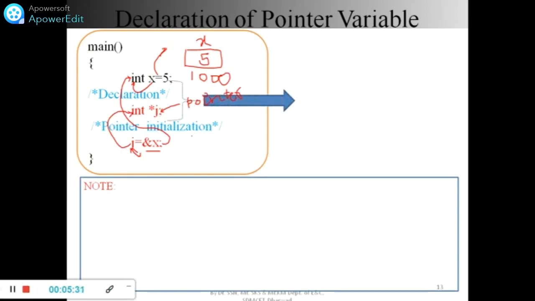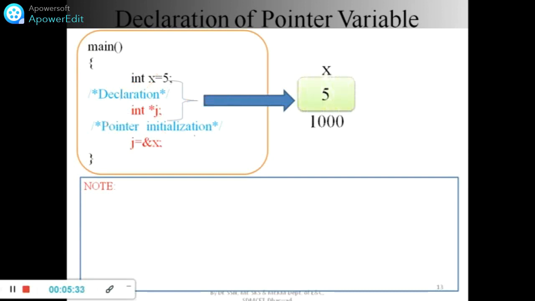Here x is a variable which contains the data 5, and let us assume its address is 1000. Now this 1000 is printed with %x. Now I store this in another variable j, and j contains the address of x, that is 1000, and j must have some address too, right?